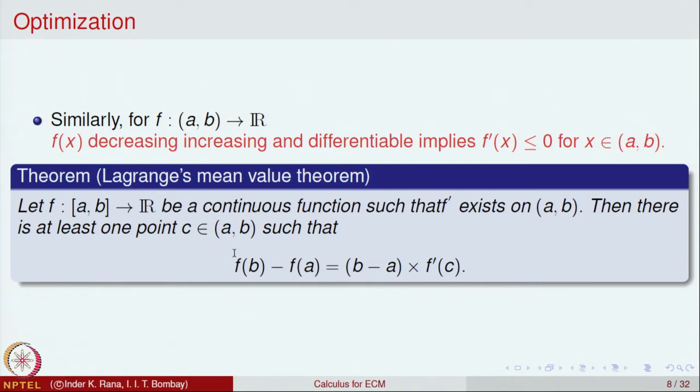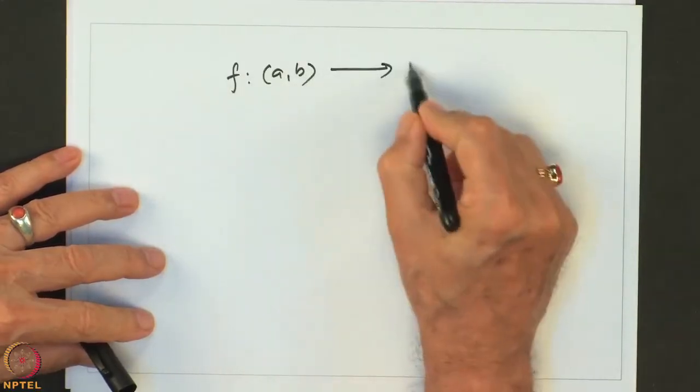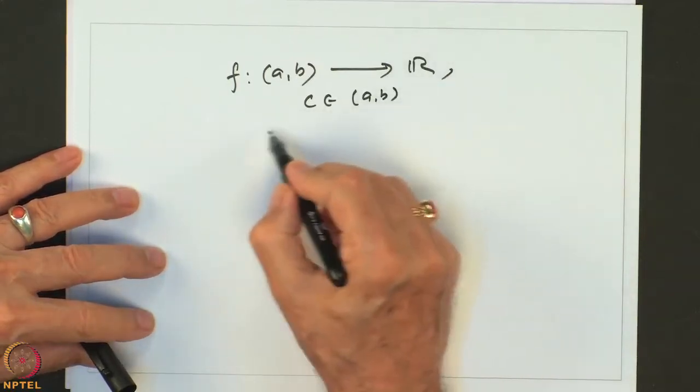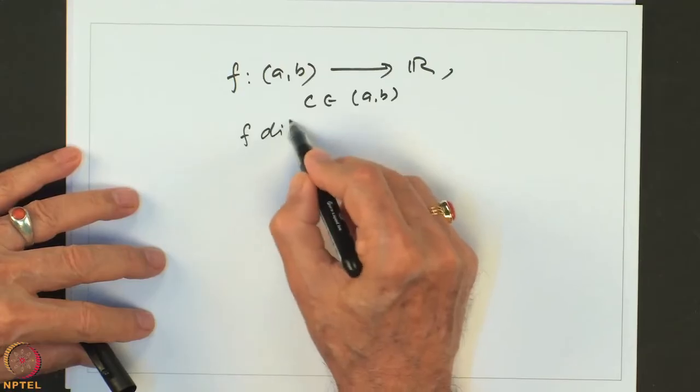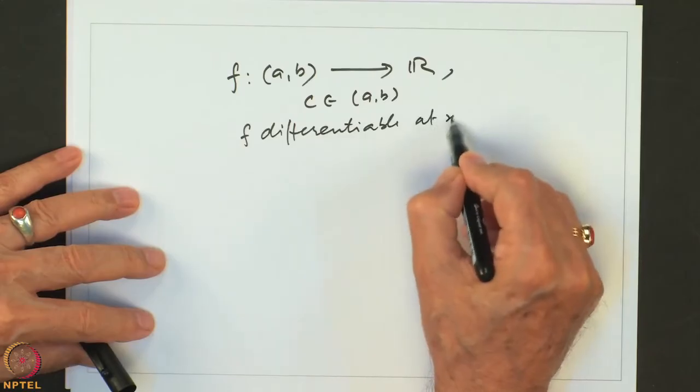We did not prove this property, that differentiability at a point implies continuity. In fact, when we did approximations, one could have easily shown that property. Probably let me fill that gap by showing you this now. So, supposing f from (a, b) to R and c is a point belonging to (a, b), and f is differentiable at x equal to c.